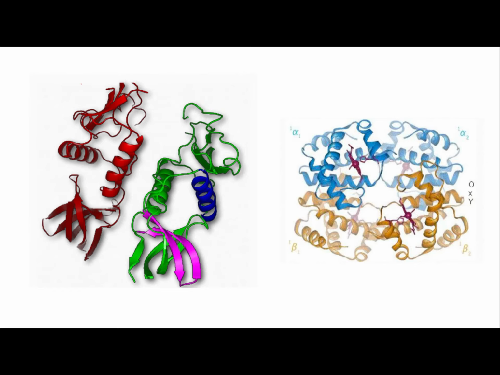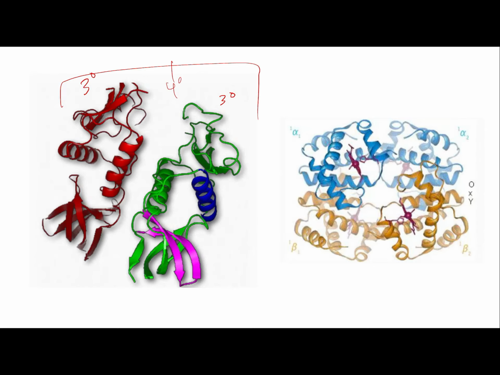And so what you can see here in this first image on the left are 2 polypeptide units of a protein with a quaternary structure. So the quaternary structure is that there are 2 folded polypeptides, both in their tertiary structures, but together they are the quaternary structure of this functional protein.